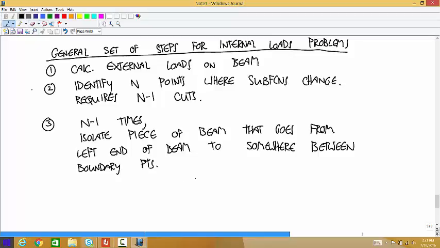So if you've identified these points where the subfunctions can change here, here, here, and here, so there's 4 of them, you're going to have 3 cuts.